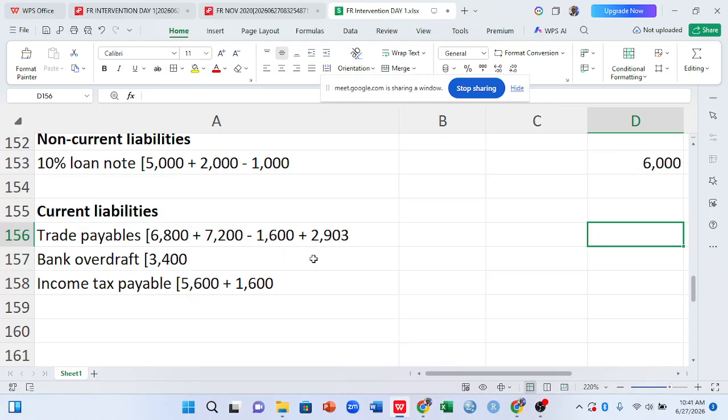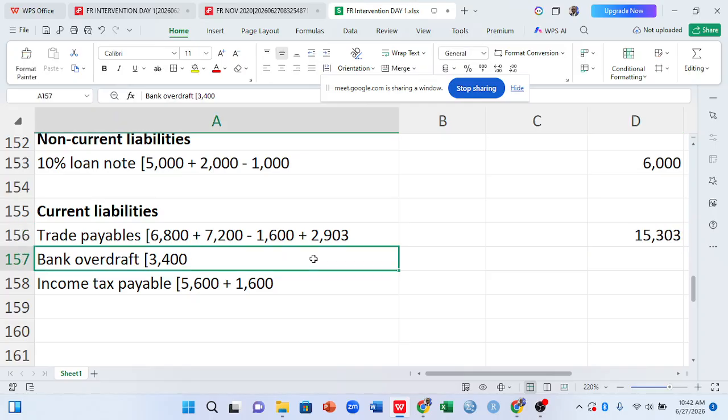So let's sum the trade payables up. What do we get? 15,303. Yes.